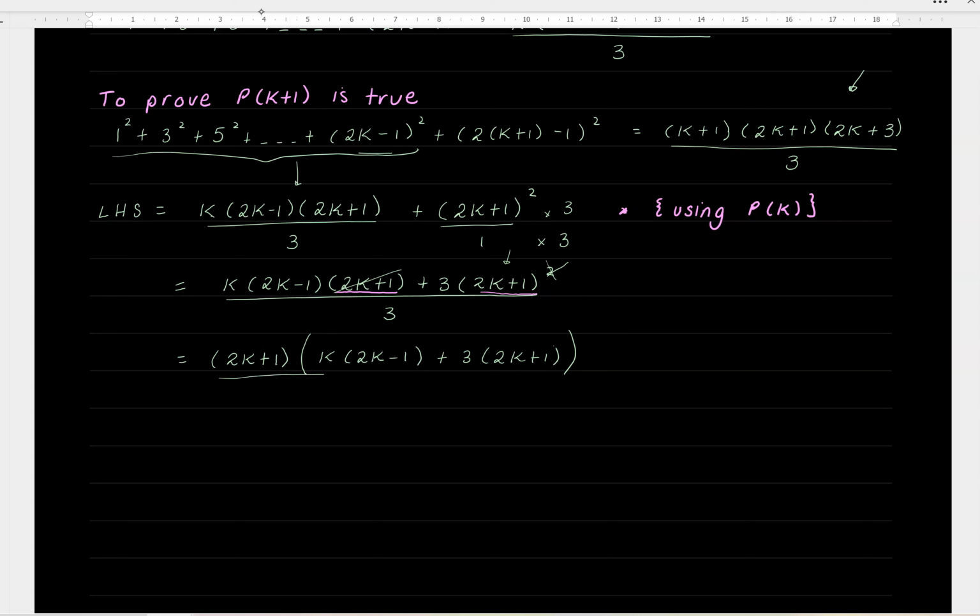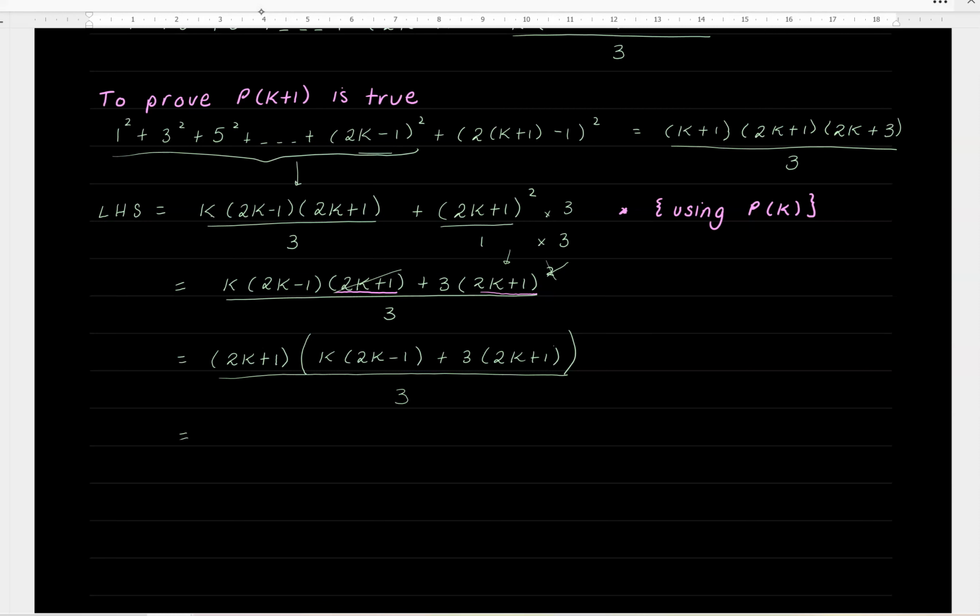Now this is going to be all over 3. Again, keep your eye on the right-hand side. We have our common factor of 2K plus 1. What I'm really hoping is that when I tidy up this bracket in here, I'll be left with factors of K plus 1 and 2K plus 3.